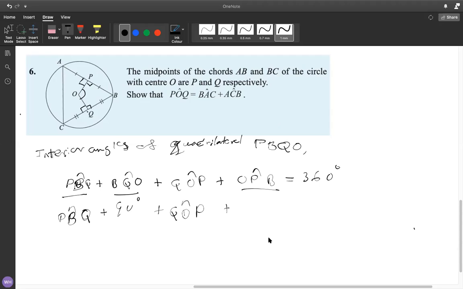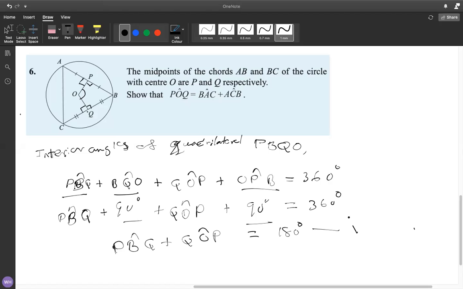Here it is 90, right? OPB is also 90. So this is equal to 360. So you can come to PBQ plus QOP will be equal to 180 after subtracting these two 90s from 360. Is that clear? Let this be number 1.